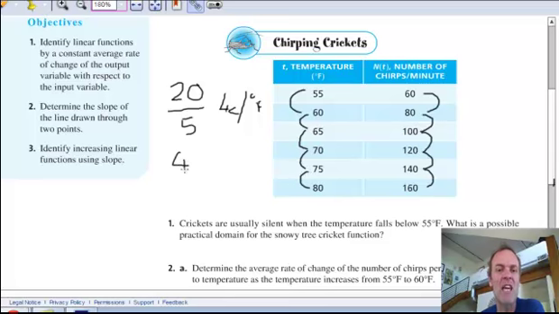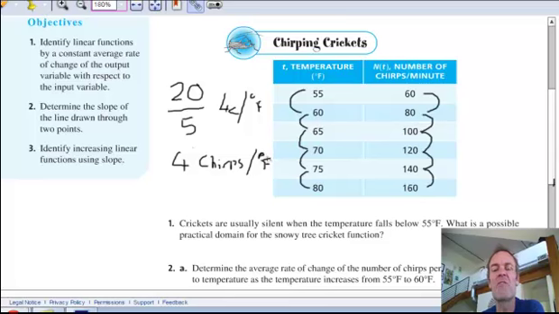So the average rate of change everywhere, not like some of the other ones which have been fluctuating, is 4 chirps, okay, per degree Fahrenheit. I know it's per minute, per degree Fahrenheit.